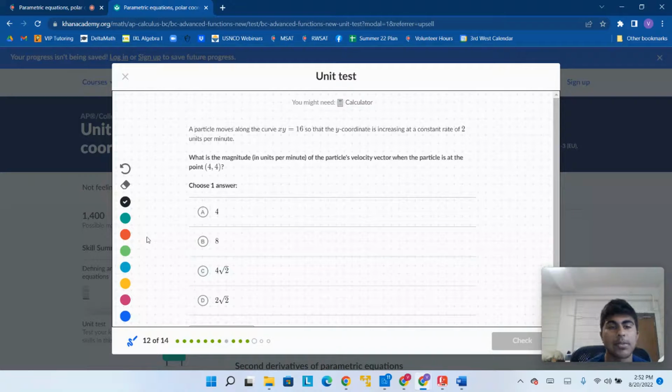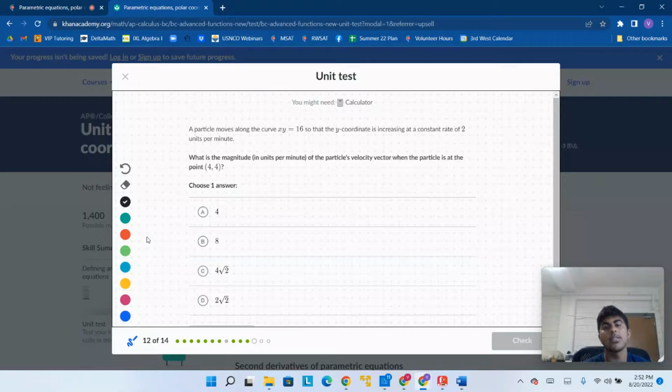You have something moving, and I'm trying to figure out the magnitude of the particle's velocity vector when the particle is at the point 4, 4.